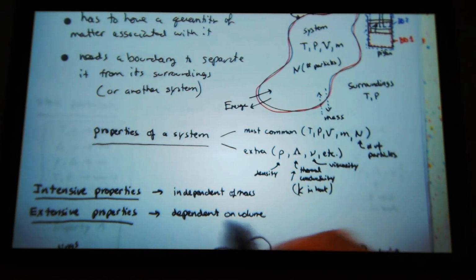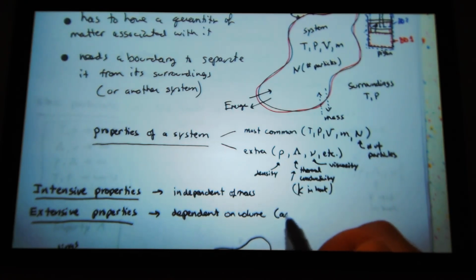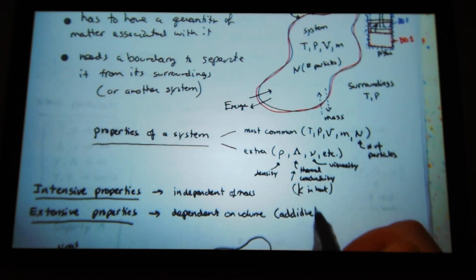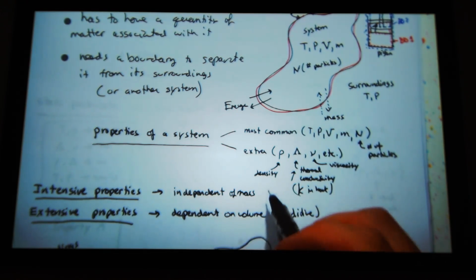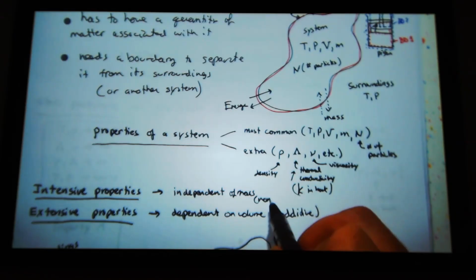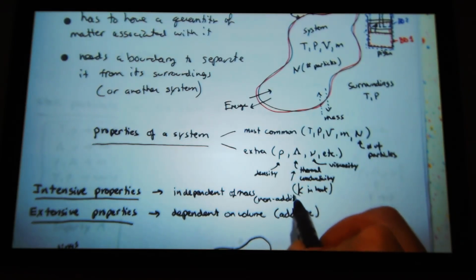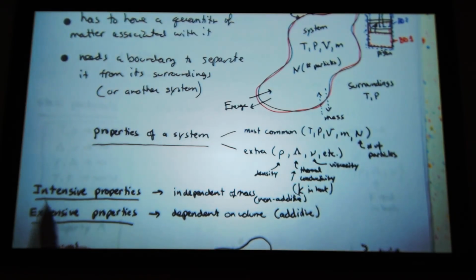Another way to look at it is extensive properties are additive, and intensive properties are non-additive. I used to always get these mixed up on what was what. I knew one was additive, one was not, but I could never keep them straight.